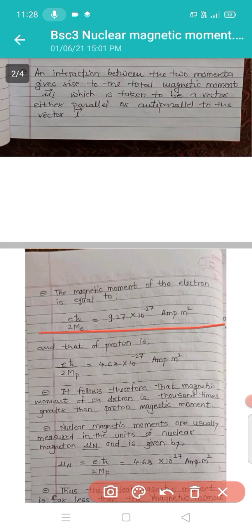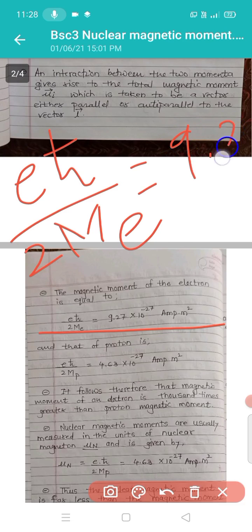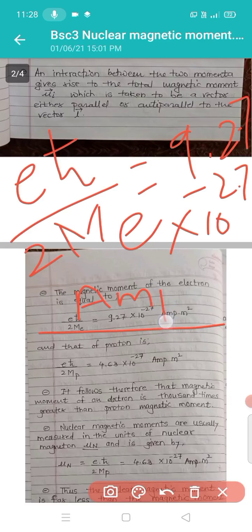It has the value 9.27 into 10 raised to minus 27 ampere meter square. This is for the electron.